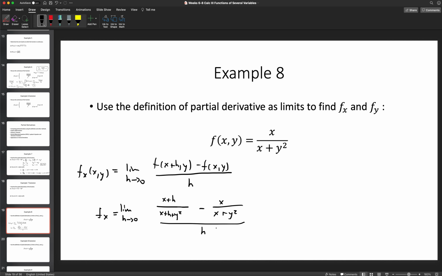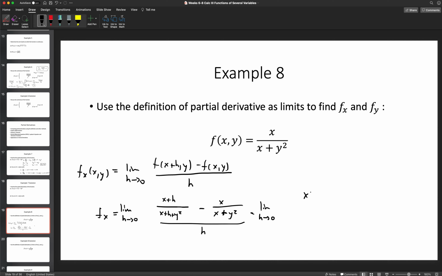Now here we see that we need a common denominator, and the LCD would be x plus y squared times x plus h plus y squared. So we're trying to get the common fraction, right? One fraction in the numerator.